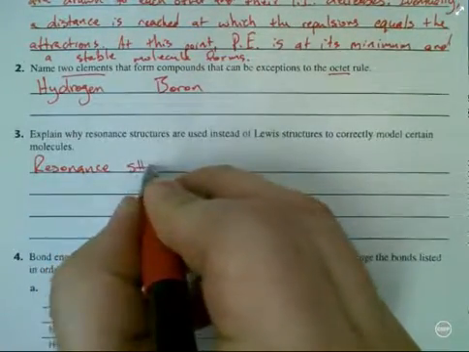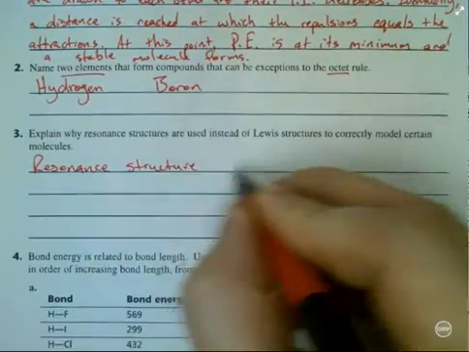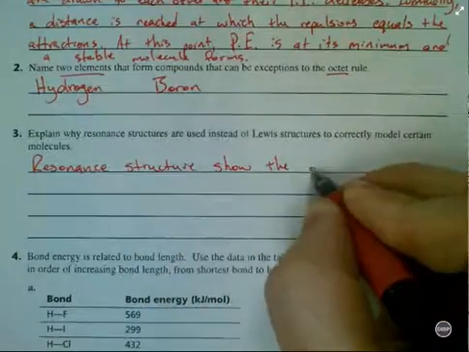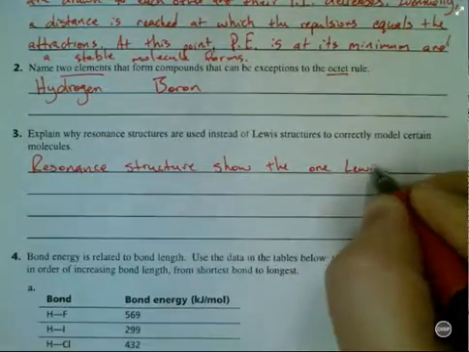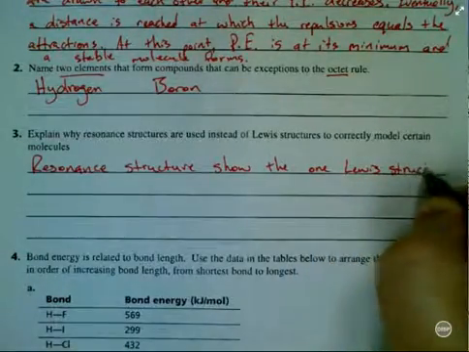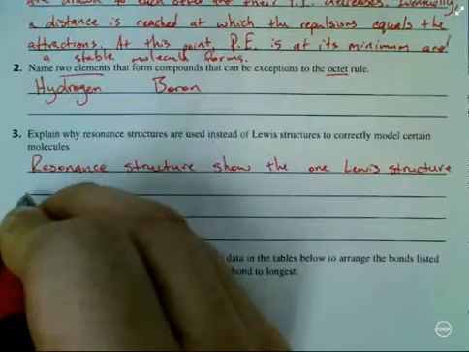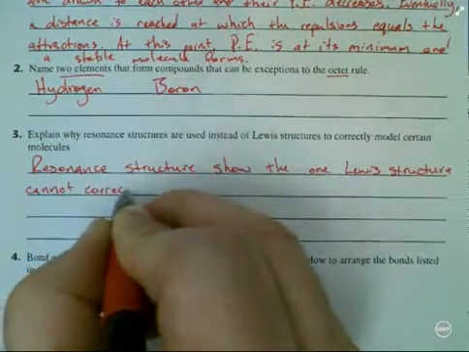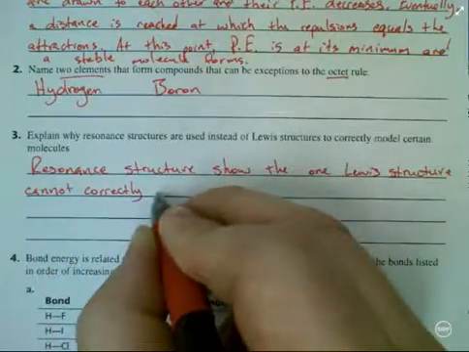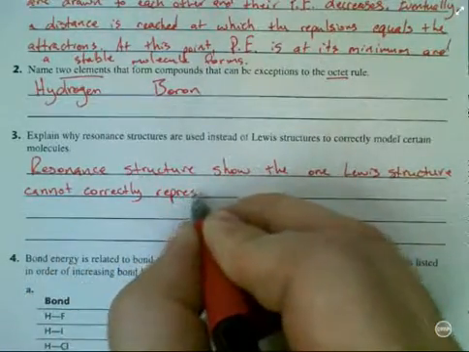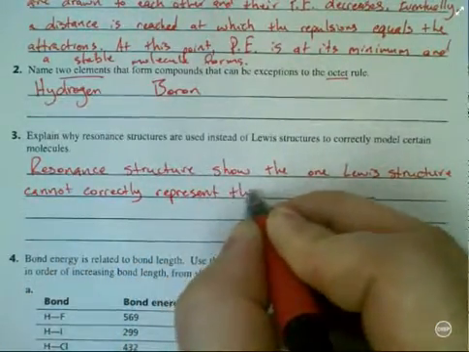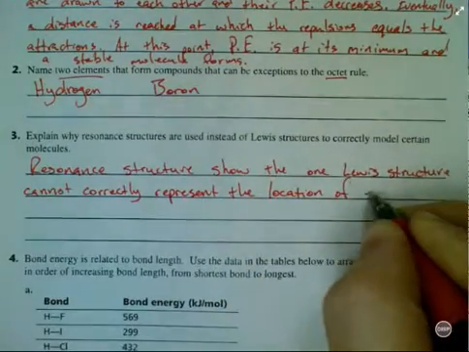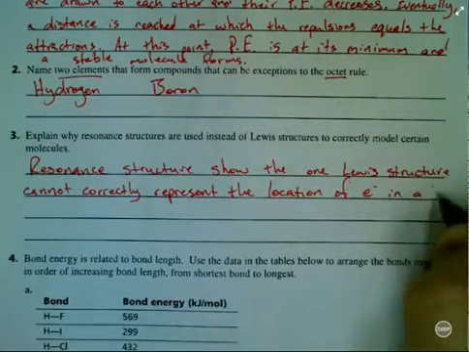resonance structures show that one Lewis structure cannot correctly represent the location of electrons in a bond.